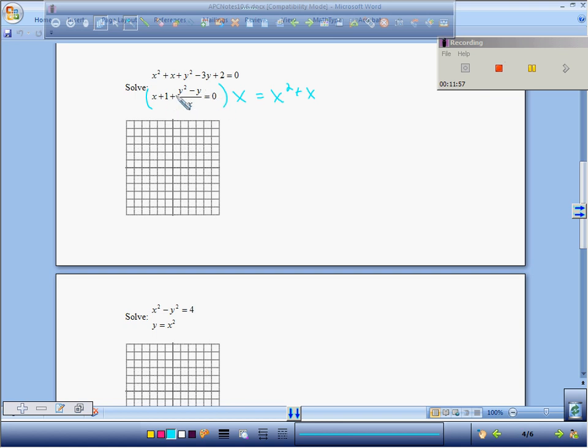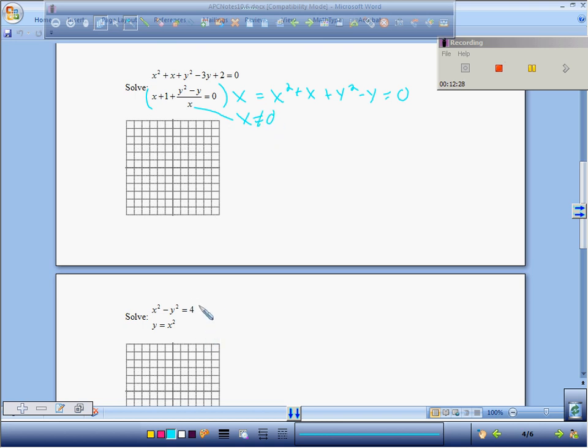This fraction I multiply by x, which makes the x go away on the bottom. y squared minus y, and 0 times x is 0. What can x not be? x, so with the condition that x cannot be equal to 0.